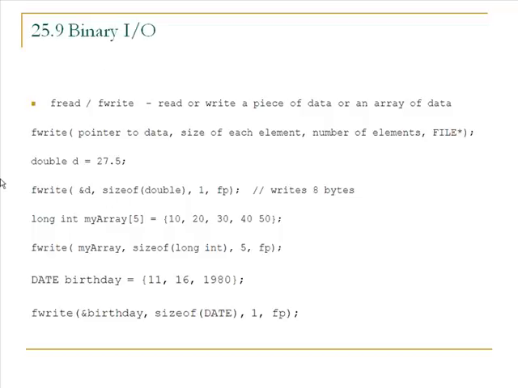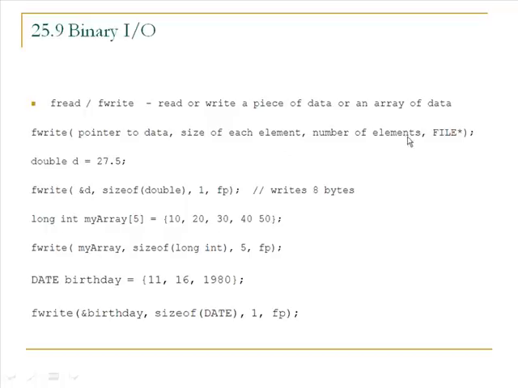So we have 2 functions called fread and fwrite. Some people call these freed and frite. You can use these to pretty much achieve all of the binary file I/O that you have. There are some other functions that make things easier and more efficient, but these are the 2 that are the most important. So let's look at fwrite first.